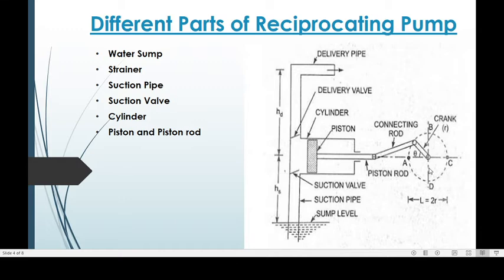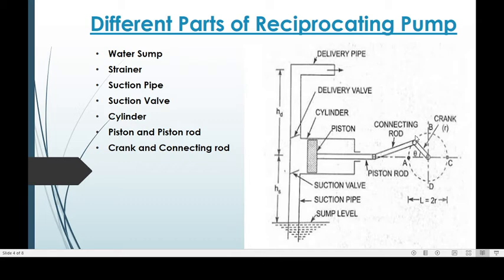Next is the crank and connecting rod. This is our connecting rod and this is our crank. The crank is connected to a power source like a motor or an engine, whereas the connecting rod acts as an intermediate between the piston rod and crank, for the conversion of rotary motion into linear motion.